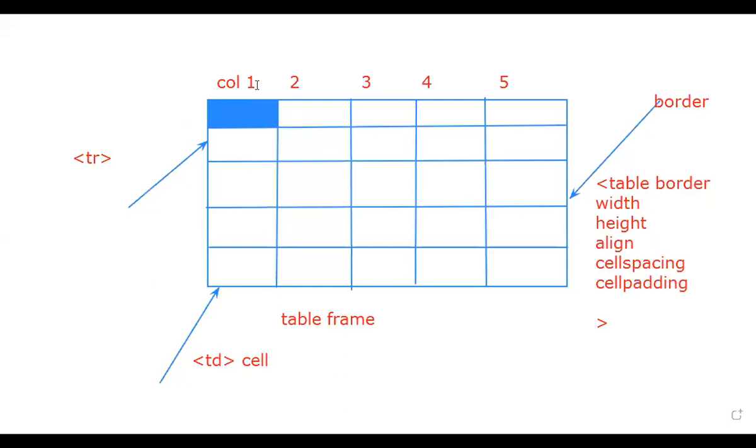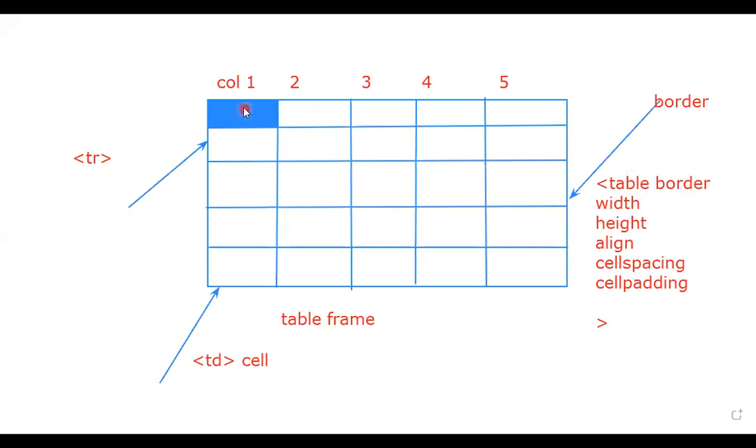In that row number 1, I have to enter the data into column number 1, column number 2, column number 3, column number 4, column number 5. It means the data entering into one row is completed. So when I want to enter data into the table, I have to go row wise: row number 1, row number 2, row number 3, row number 4, and row number 5.